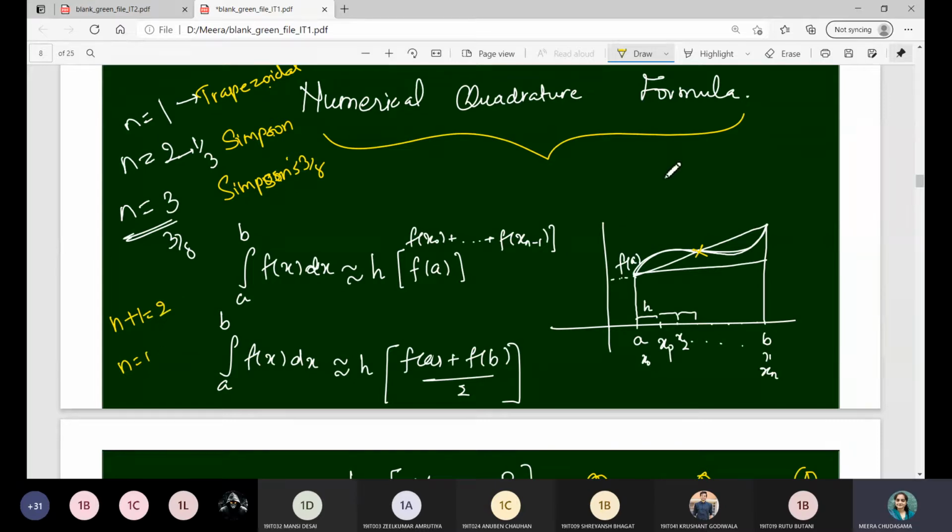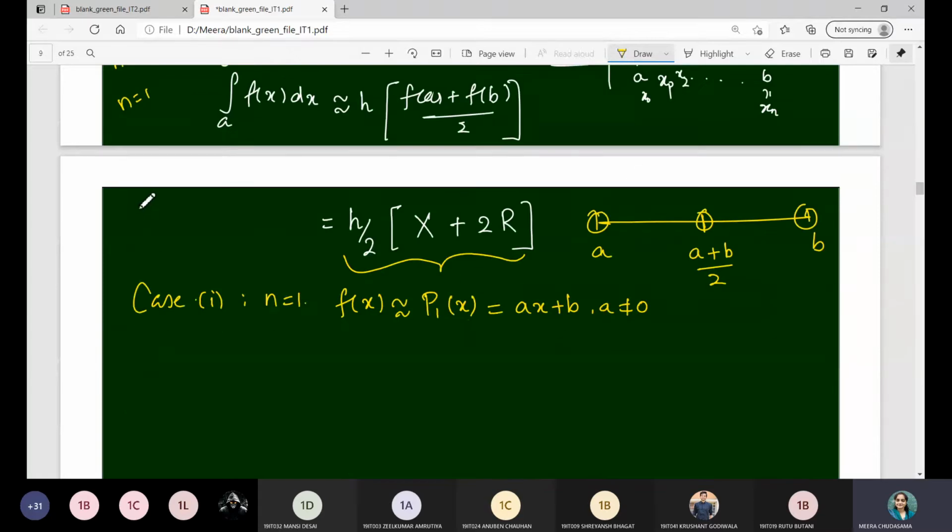So when 2 data points are given, that means x0, x1 are given, and corresponding y0, y1 we will have. In that case, when you construct the table of forward differences, you will have this point, that is the difference y1 minus y0 as the first entry, and delta 2, delta 3 onwards will be 0, because n is equal to 1.